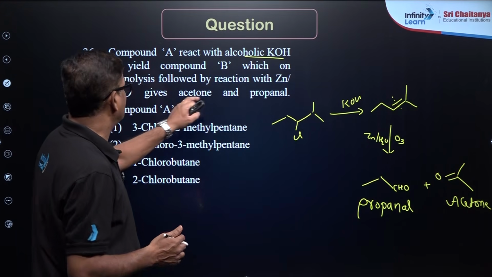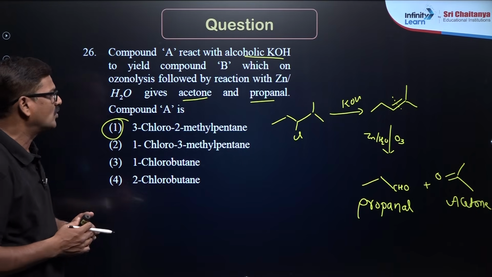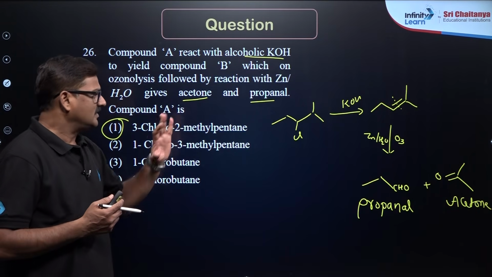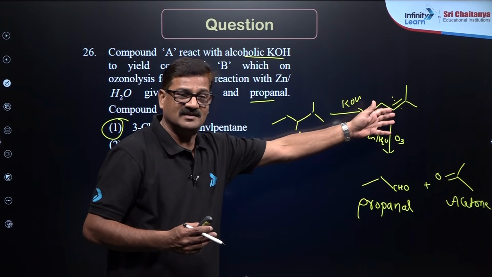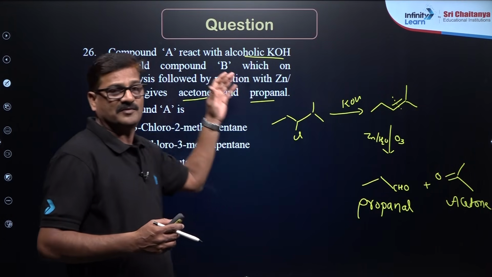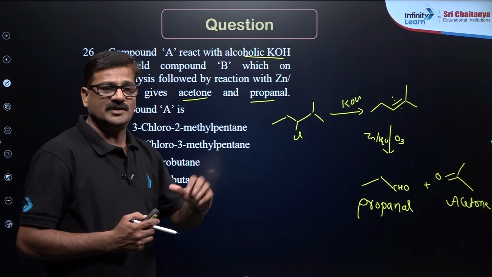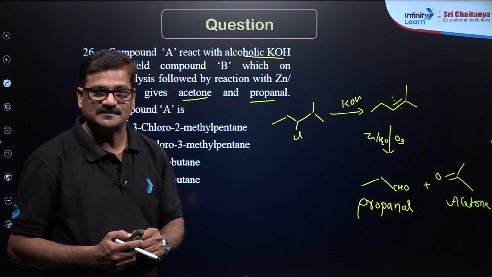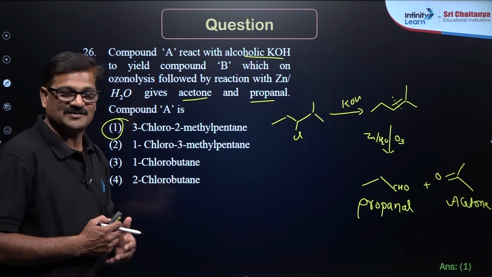So it is given acetone and propanal. So it is going to be 3-chloro-2-methyl-pentane. This question can also be done this way: propanal and acetone you join to get an alkene. So this alkene could be formed from which of the following alkyl halides, also a better way to solve this question. So for this, option 1 is the correct answer for this question.